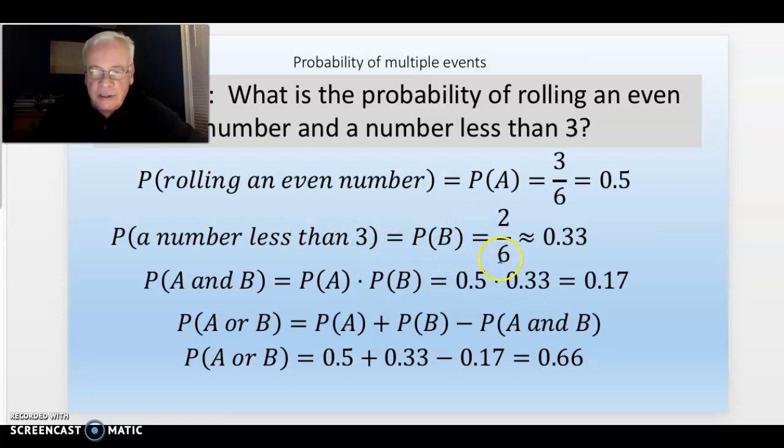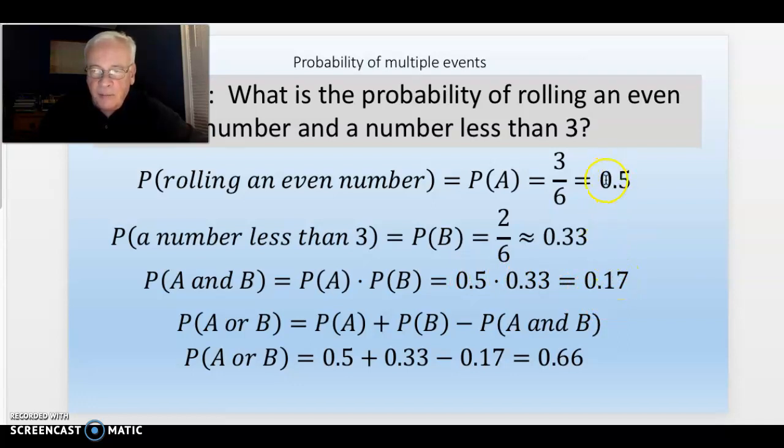So that's 2/6, 1/3, or about 33%, 0.33. The probability that they both happen, a number less than 3 and an even number, multiply those two together. All right, 0.5 times 0.33 is 0.17.